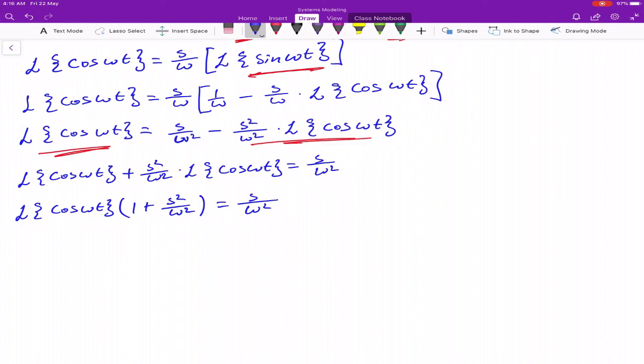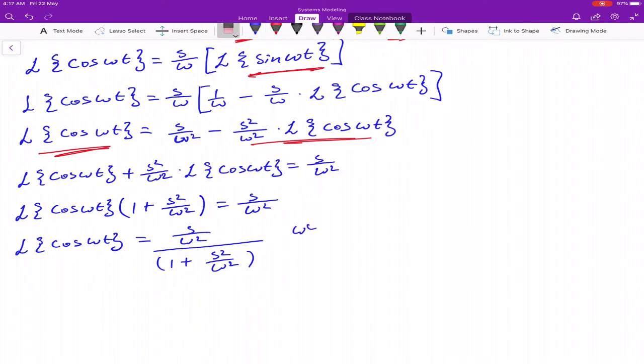So we are going to have the Laplace transform of cosine omega t is equal to s over omega squared divided by 1 plus s squared over omega squared. Now if I multiply through by omega squared, top and bottom, let me just rewrite this properly.